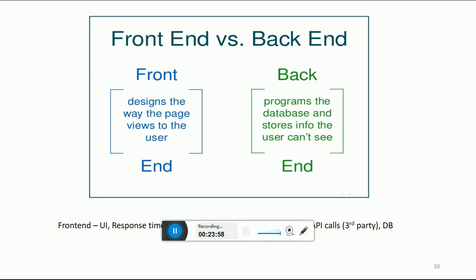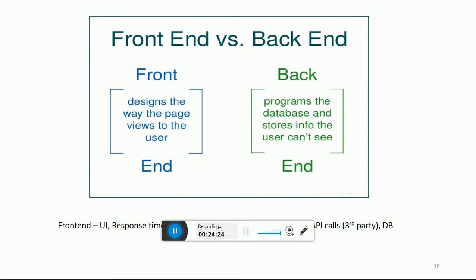If you are testing the front end of the application, you need to determine the response time of the application, how fast things are loading. Such values you can consider for front end performance testing.